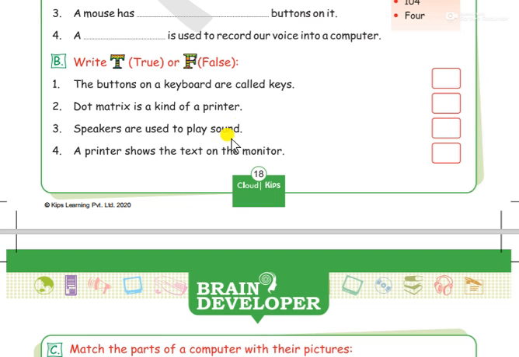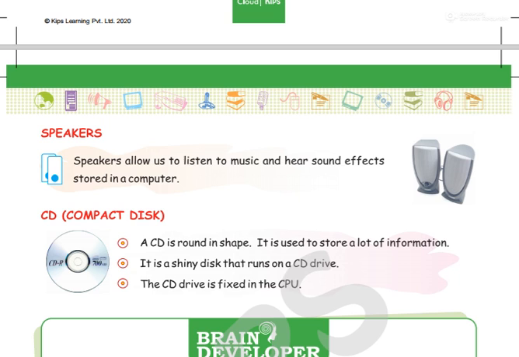Now third: speakers are used to play sound. Speakers are used to play sound. Okay, so let's see this. Speakers, and here it is written that a speaker allows us to listen to music. So that answer also became true.